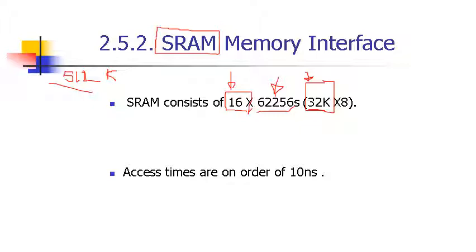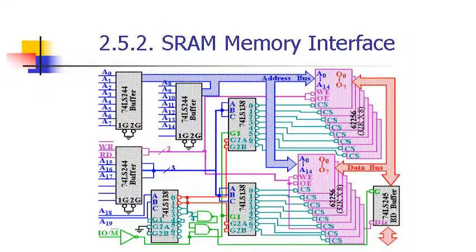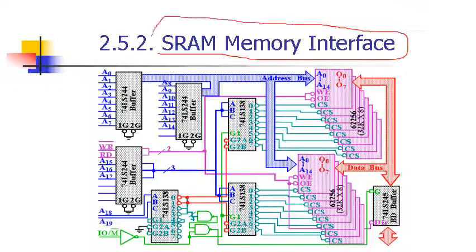The access time of your static RAM memory is in the order of 10 nanoseconds. So we don't need any wait states. And here is your system. How many decoders do we need? We need 3 decoders.